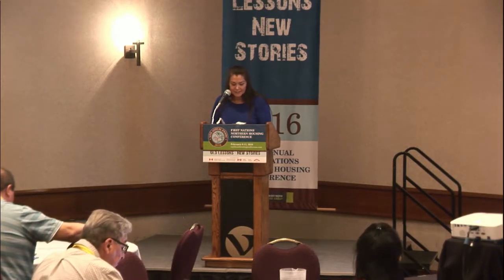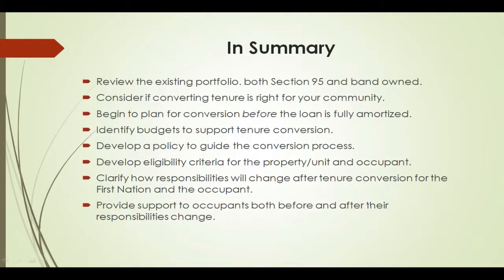A couple of things that I always feel the need to remind people is when you go back home, you should all look at your existing housing portfolio, both your Section 95 units and any band-owned units that you have. And one of the things that I have certainly seen to be true in my career is most people blame a lot of the housing debt on the Section 95 program.